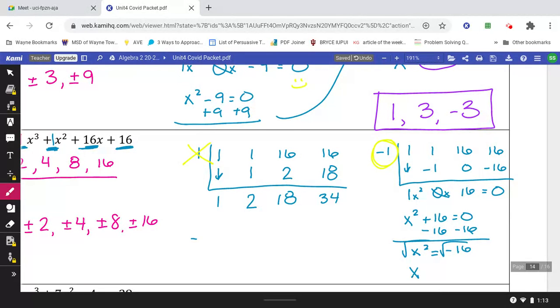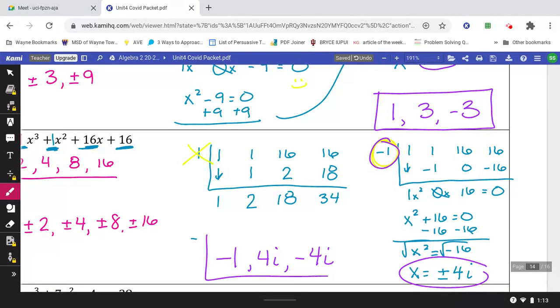Remember, when we square root, we do need a plus or minus sign. And because of the negative underneath the square root, you do need to have an i there. i's for when you square root a negative. And then we can write our final list of answers. Let's see, we had -1 that worked right here. And then we have +4i and -4i.